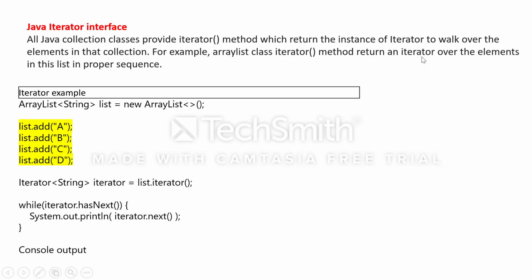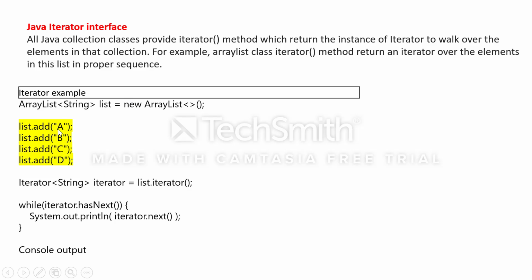The method returns an iterator over the elements. Whatever it iterates over, it just gives you the iterator; it's not going to print this one. It just iterates, and whatever the iterator value is, it gives that. So we have list.add, where we just created a reference variable.